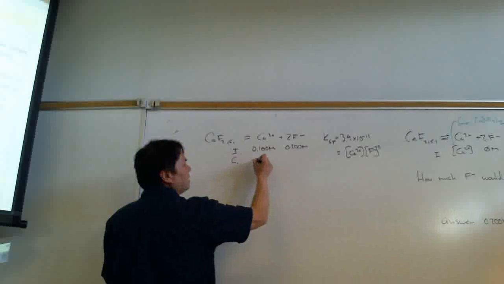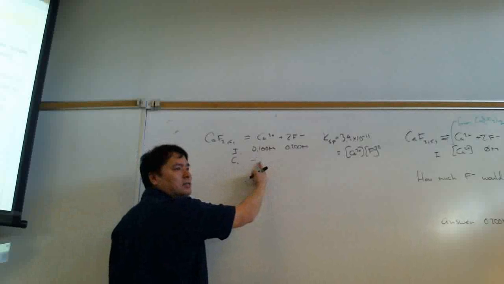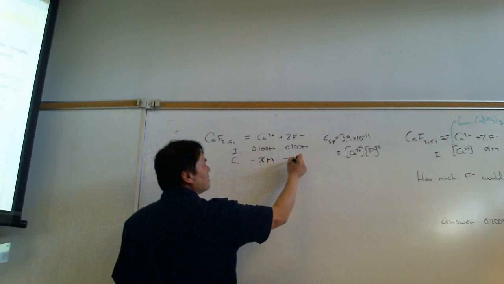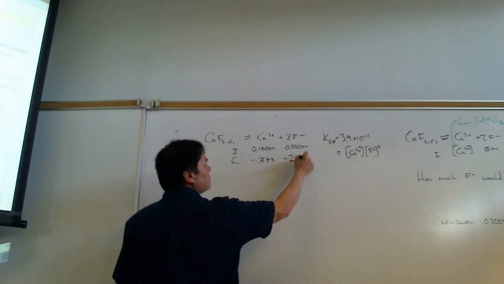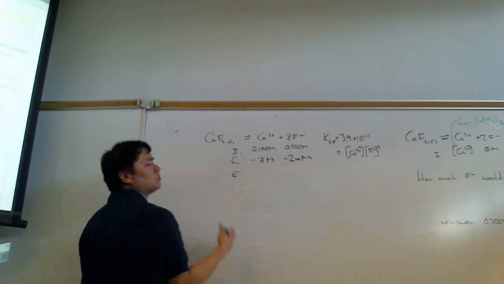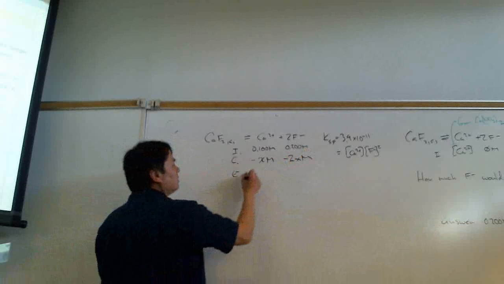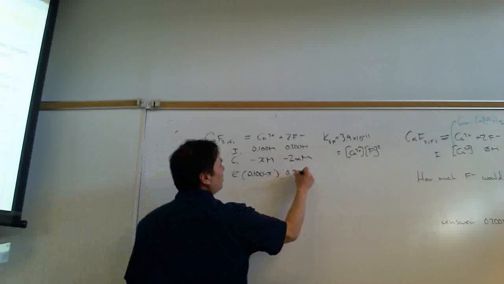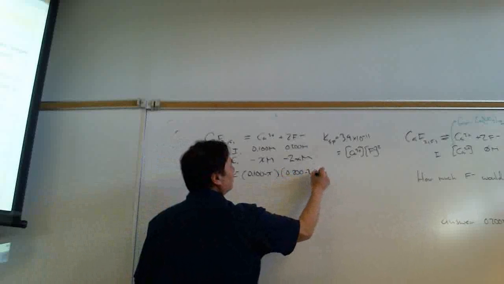We just go minus S or minus X? Minus X. Minus 2X. This is not solubility here, right? Because we're precipitating out. And so we're going to get 0.100 minus X, 0.200 minus 2X molar.